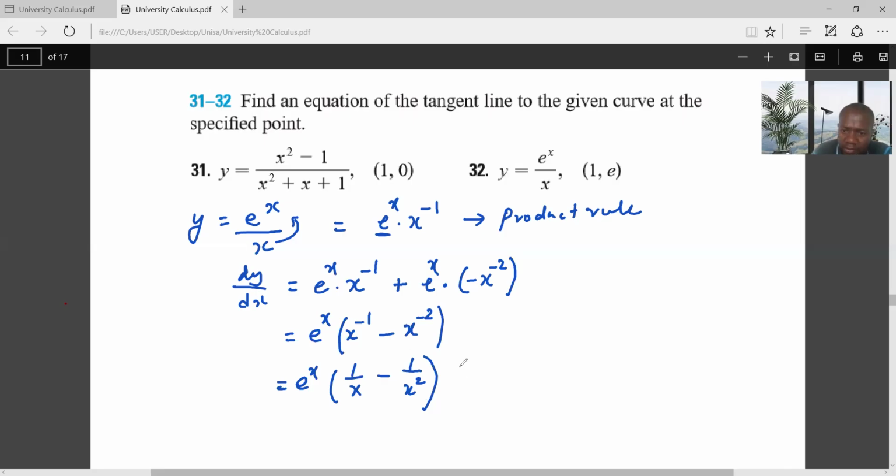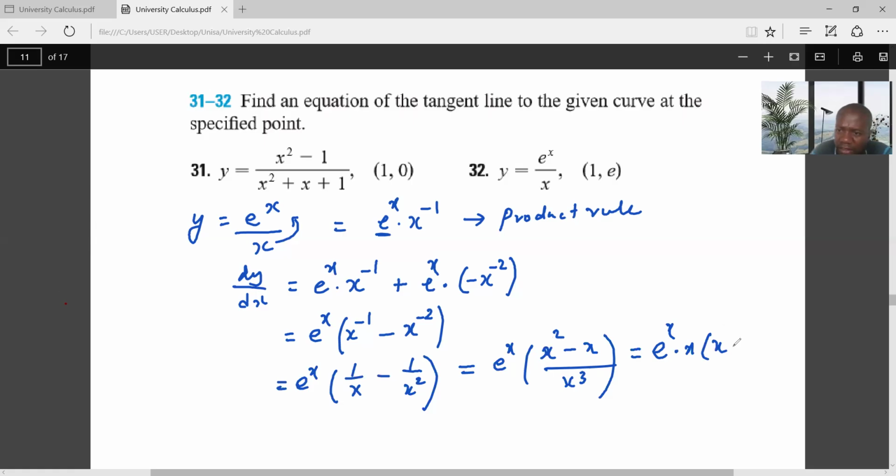Then we work out this e to the x, and we multiply the denominator. This is actually x cubed. Cross multiply, this is x squared minus the x. So we're going to have e to the x, common factor at the numerator, it's x. So I can take x here, then I'll remain with x, not x squared.